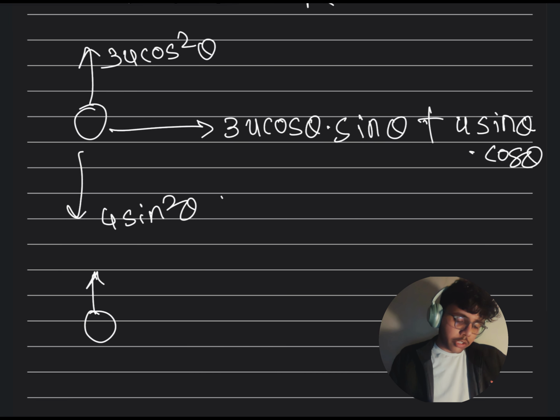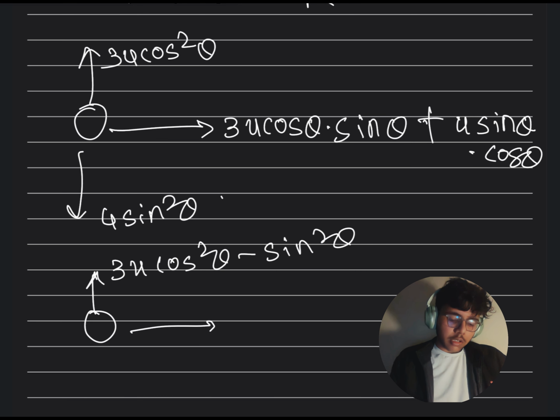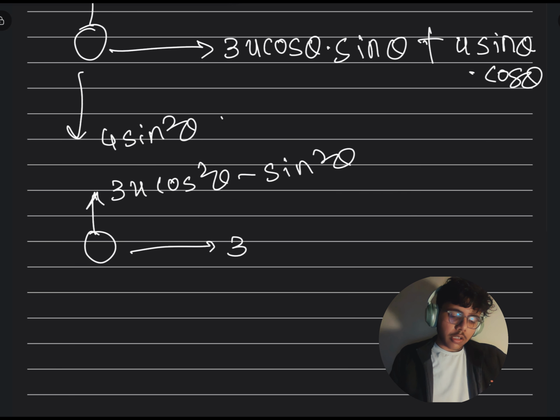So long story short, this ball is moving with an upward velocity of 3u cos square theta minus u sin square theta, and in the forward direction as 3u cos theta sin theta plus u cos theta sin theta, 4u cos theta sin theta, which would be 2u sin 2 theta.